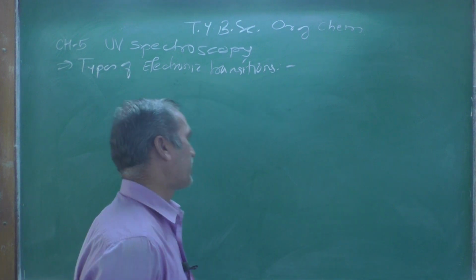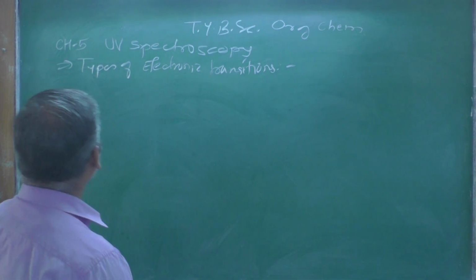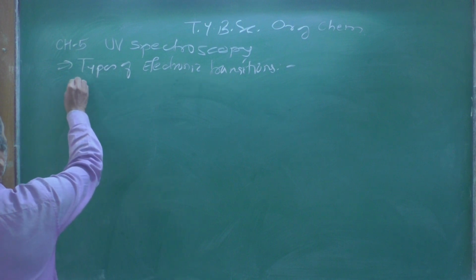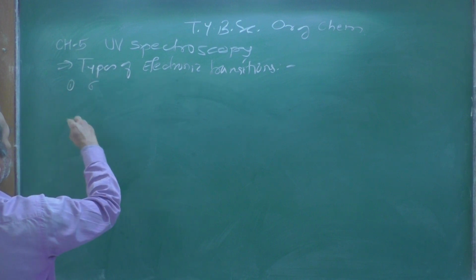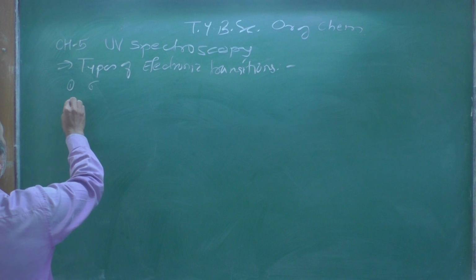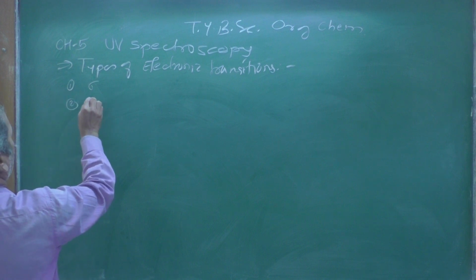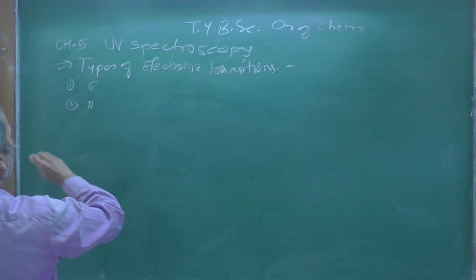And we know that there are three types of electrons present. Number one, sigma electrons present in a sigma bond. Second, pi electrons present in a pi bond.